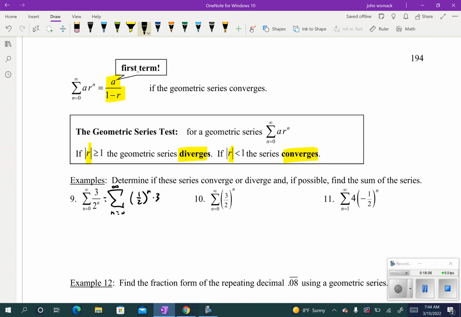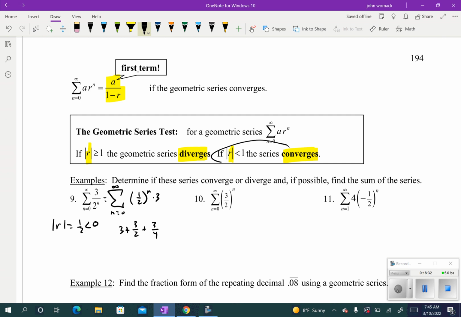If you aren't sure what the common ratio is, you could plug in a couple of numbers. If I plug in 0, I get 3. If I plug in 1, I get 3 over 2. If I plug in 2, I get 3 over 4. So you can see what's happening: you're timesing by a half each time. The absolute value of R, the common ratio, is a half, and that's less than 1.